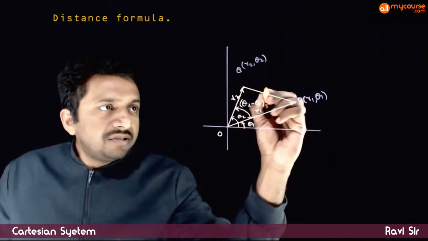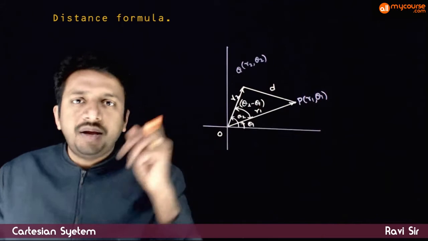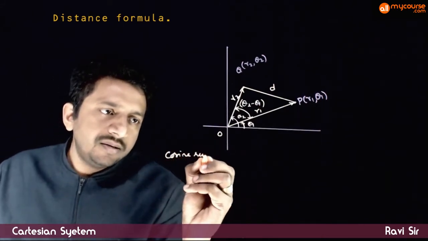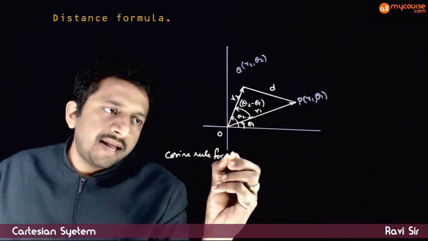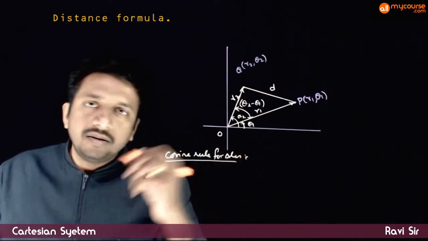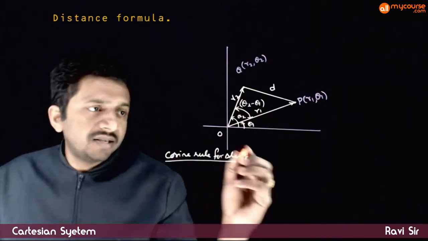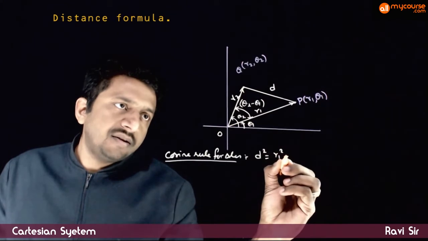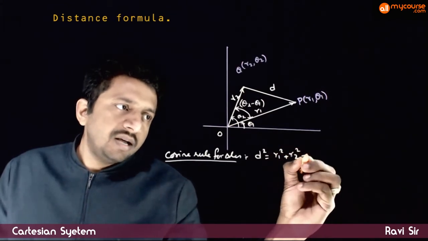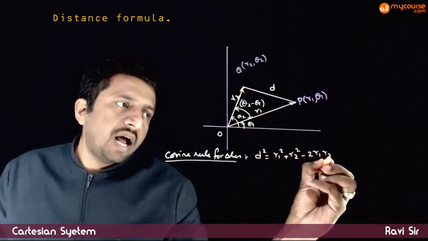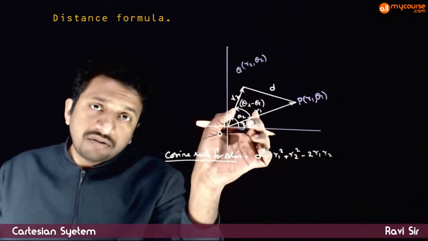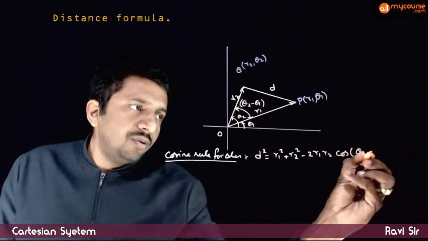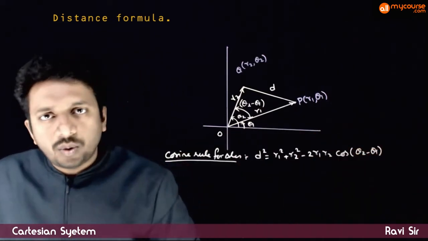Now you're asked to find the distance between P and Q. So this can be found out using cosine rule for triangles. So from cosine rule for triangles, d square will be equal to r1 square plus r2 square minus 2r1 r2 times cos of angle between these two sides, cos of theta 2 minus theta 1.